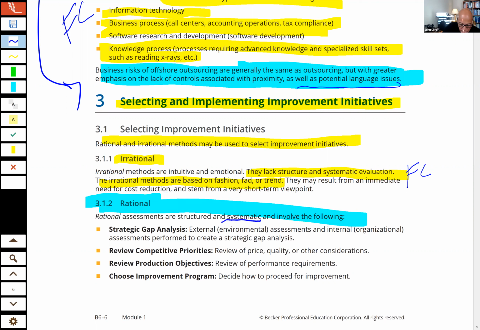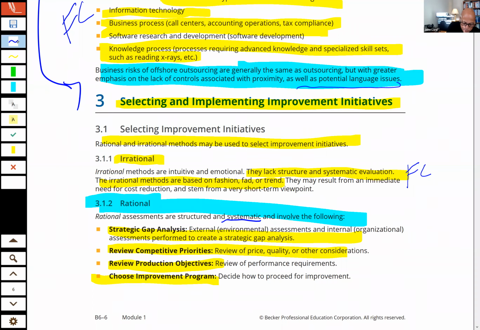Okay, and you can see that we would do a strategic gap analysis, review our competitive priorities, review production objectives, and then choose an improvement program. So it is more systematic.